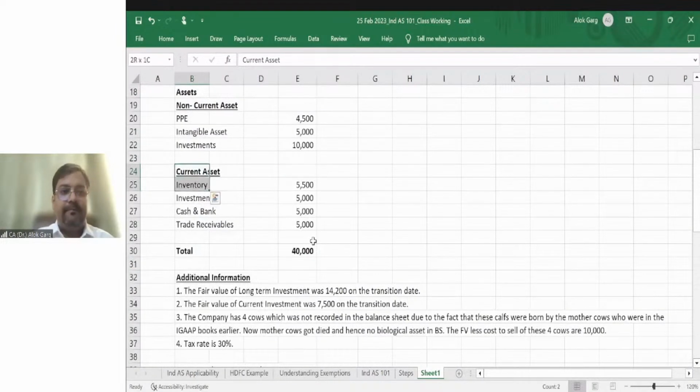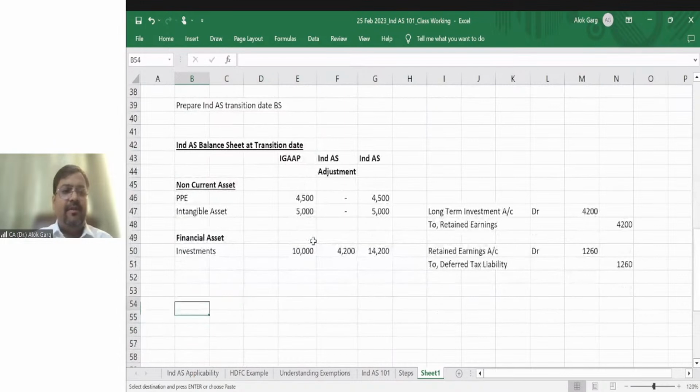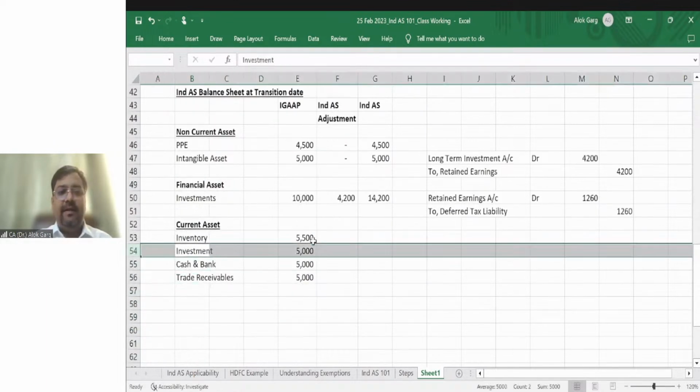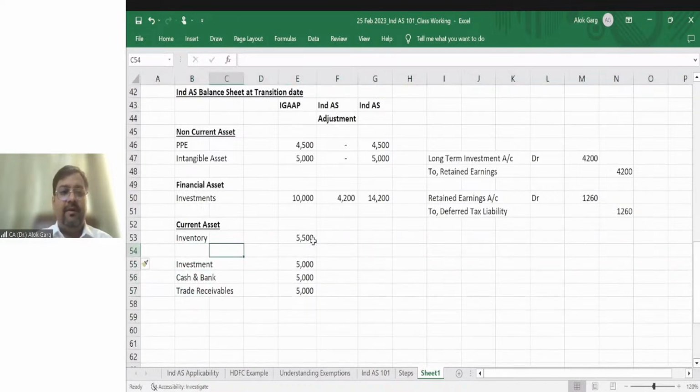Current asset. On the current asset side, this information is also given. So inventory, investment, cash in bank, and trade receivable. These investment, cash in bank, and trade receivable are financial assets.